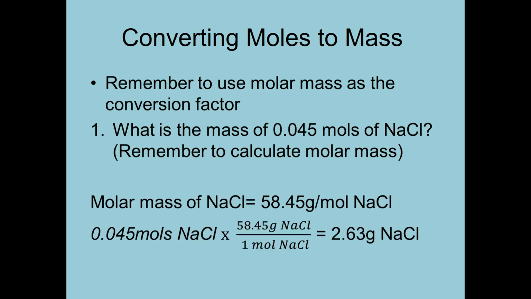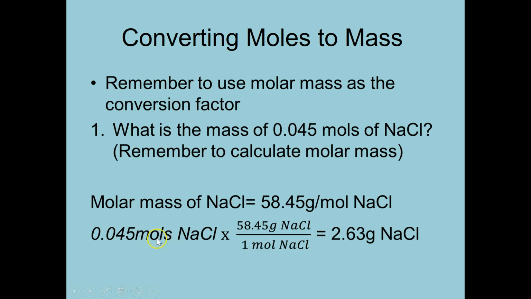The molar mass of NaCl, the mass of sodium plus the mass of chlorine, no multiplying needed, we get 58.45 grams per mole. Great. So then we just set up our dimensional analysis. We put the 0.045 moles of NaCl first. That's what is given to us in our problem. And then we're going to put our conversion factor. 1 mole is going to go on the bottom because we want moles to cancel out.